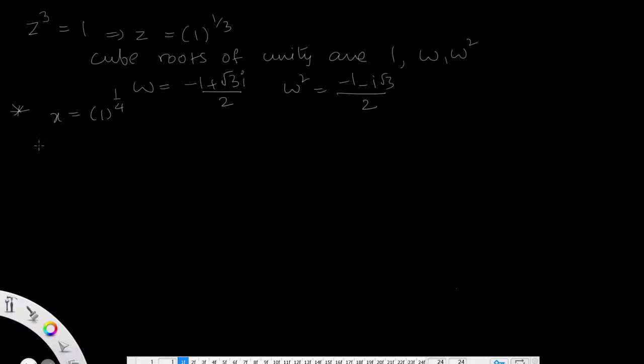That means we can write x power 4 equal to 1. Then the roots are given by x power 4 minus 1 equal to 0.